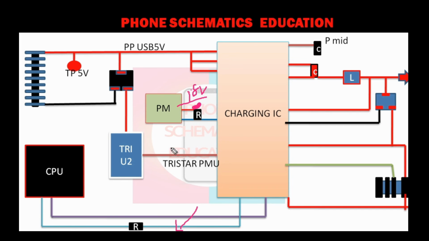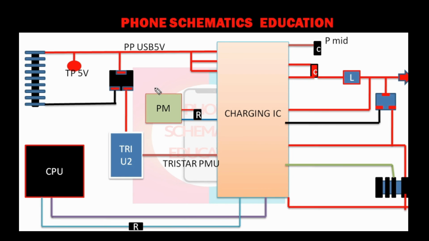So how will the power IC know the charging is connected or not? In this line you will always get 1.8 volt. It means in this line you will always get logic high. But when you connect the charger, this line is connected with ground internally, so logic high becomes logic low, right? So the power IC senses the charging connect, or you can say charger connect.